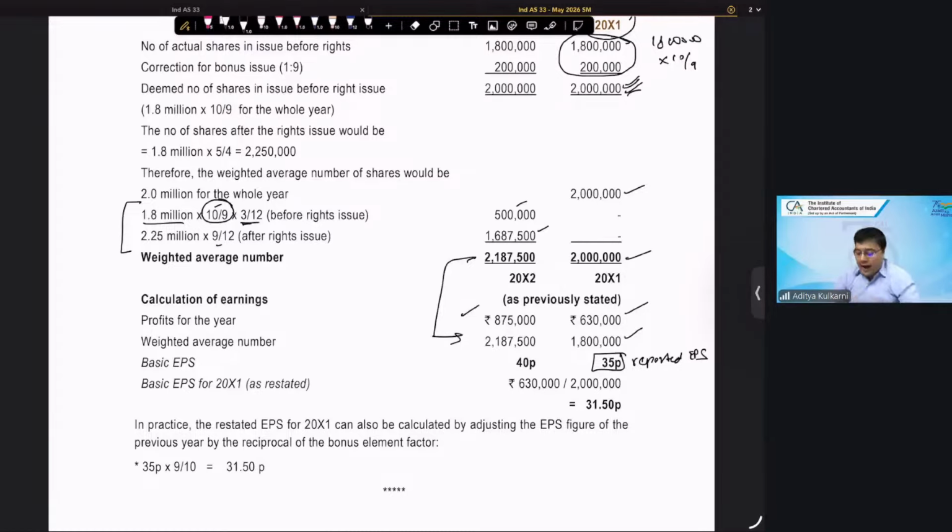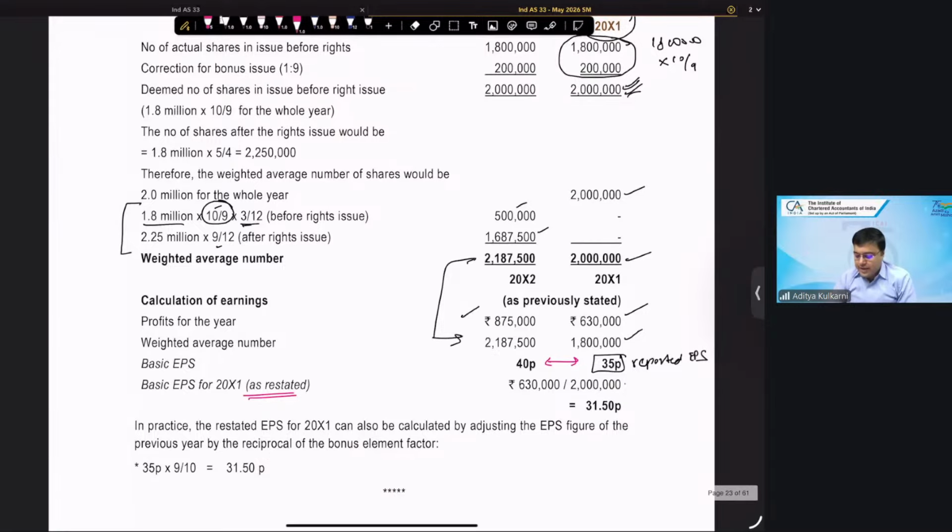Are these two comparable? Answer is no, because of the bonus component. So you will have to compute the restated EPS using 20 lakh as your number of shares. So in current year, you will report these two figures, 40 paise for the current year, 31.5 for the previous year. Are you able to follow?